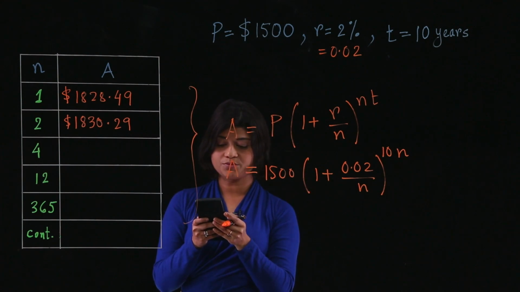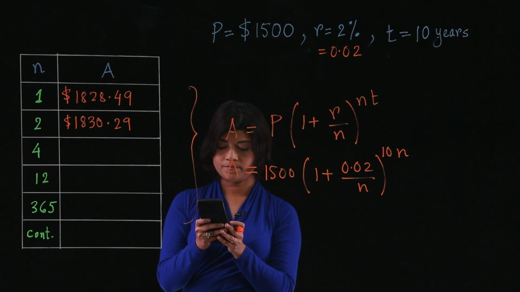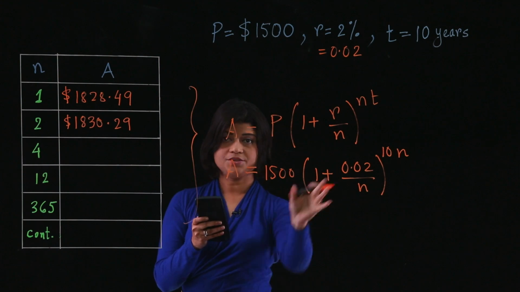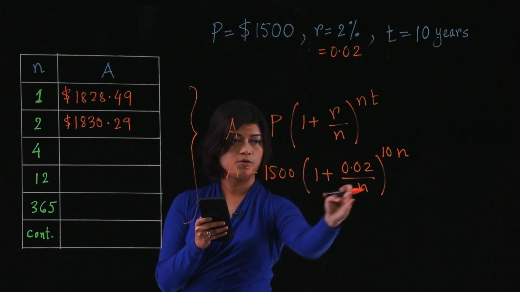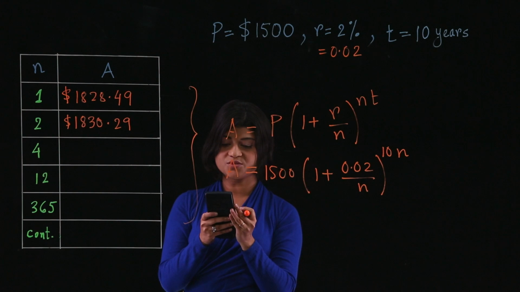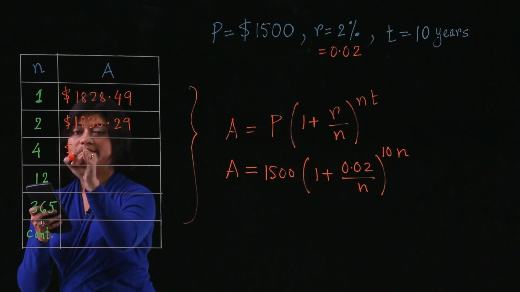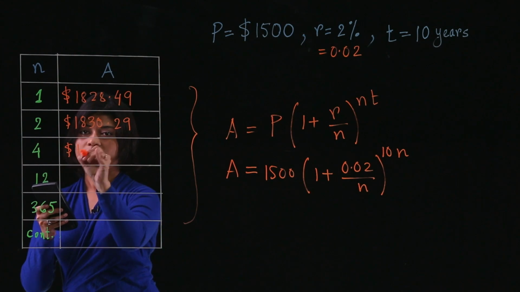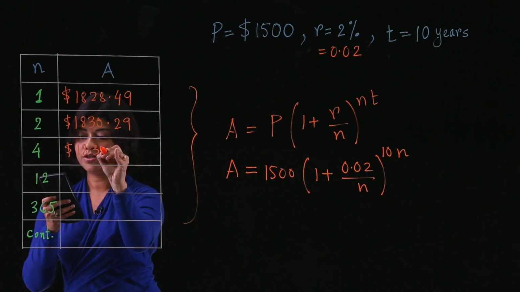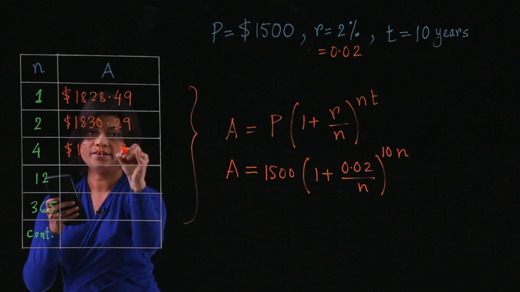Continue. Next, n is equal to 4. Again, use the same formula, plug in n equals 4 here and in the exponent as well. And you get balance is 1831.19.